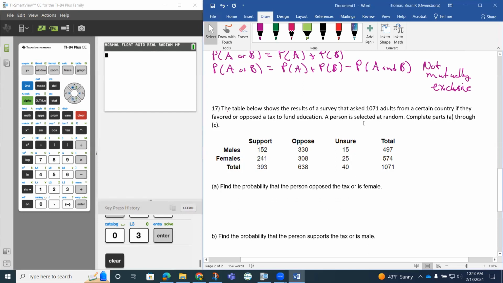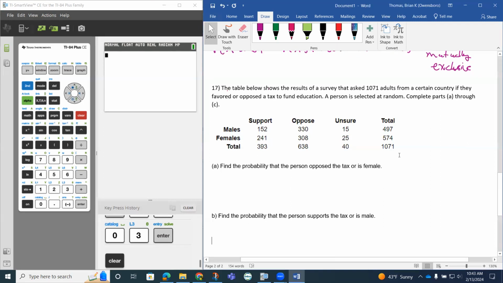So if we look at question 17 here, the table shows the results of a survey that asked 1,071 adults from a certain country if they favor or oppose a tax to fund education. A person is selected at random, so we're going to complete these parts. In our table, we pick up on the males who support, oppose, and are unsure.